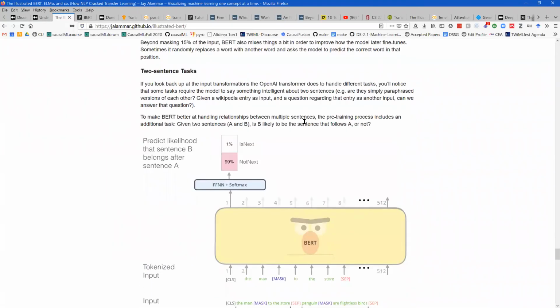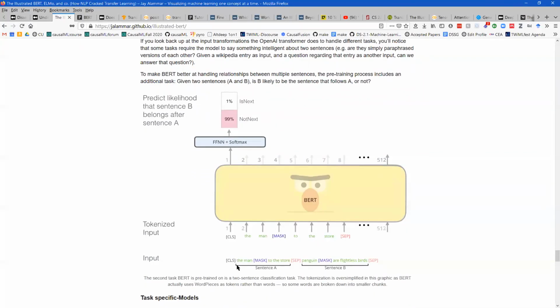The second task is a two-sentence task where you give it pairs of sentences, and 50% of the time the second sentence is the follow-on sentence to the first, and the other 50% of the time the second sentence is just some random sentence chosen from the corpus. Then you have to predict the likelihood that sentence B belongs after sentence A. So again, it's just a two-way classifier: next and not next.